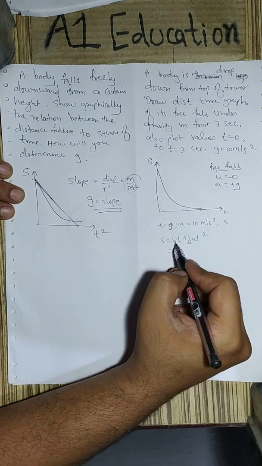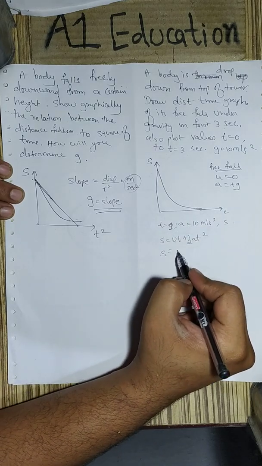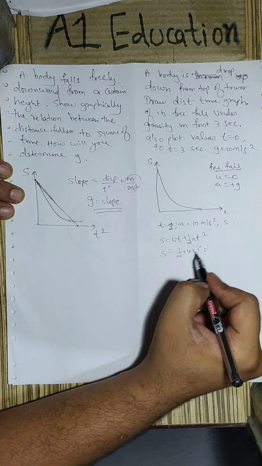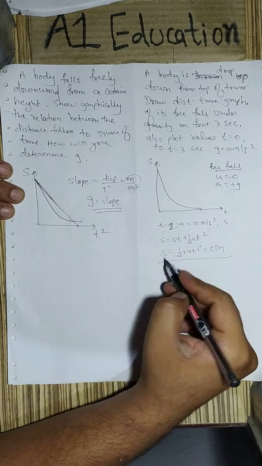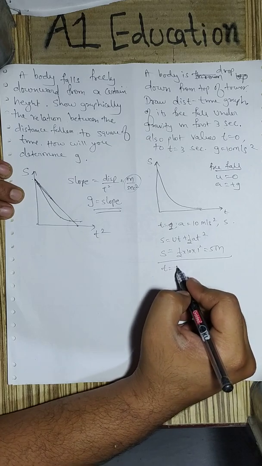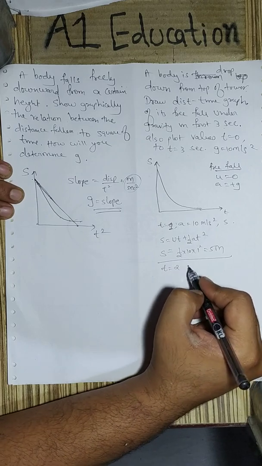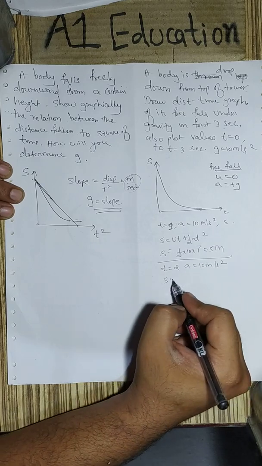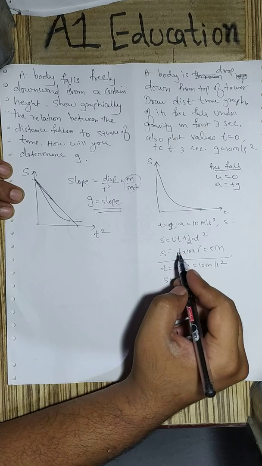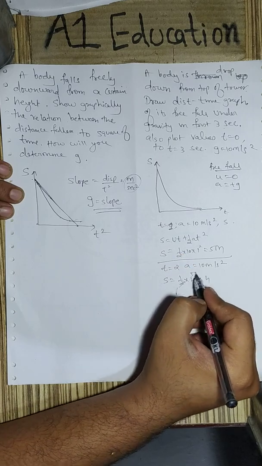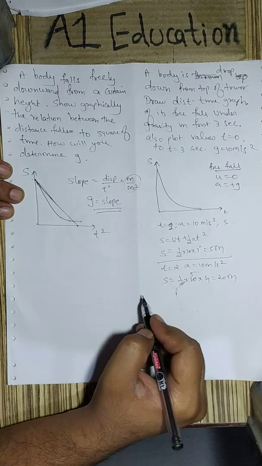So this will be 0 plus half, g is 10, and t squared for 1 second, so 5 meters. For t equal to 2 seconds, acceleration is again 10 meters per second squared, so the total displacement, with the u part 0, is half a t squared, 20 meters.